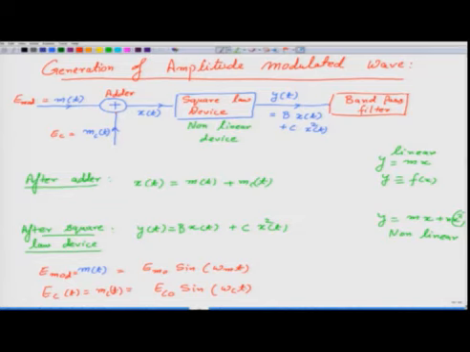If we use these two representations for m(t) and mc(t), after the adder what we will get is x(t) equal to E_m0 sine of omega_m t plus E_c0 sine of omega_c t.